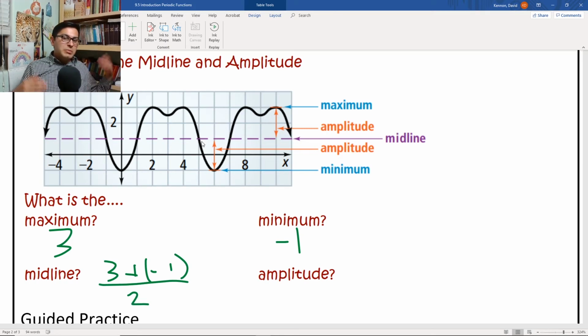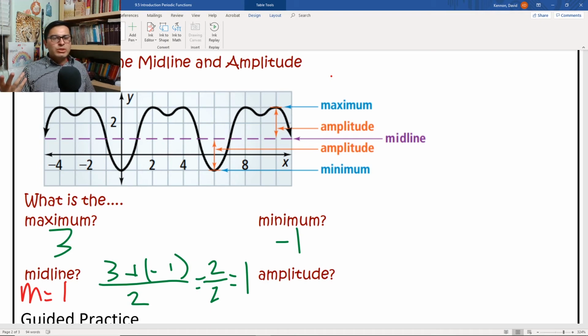We're going to add the maximum plus the minimum and then divide it by 2. So what is 3 plus -1? That's just going to be equal to 2. And then we have the divided by 2 already, so that's just going to equal 1. So we would say that our midline equals 1. And as you can see, our midline, I should have written it in purple and I apologize, is 1.